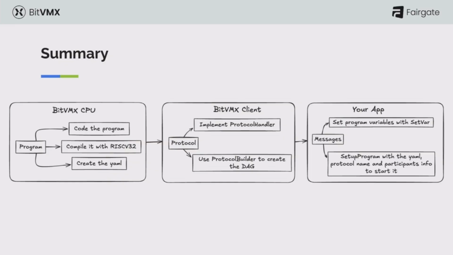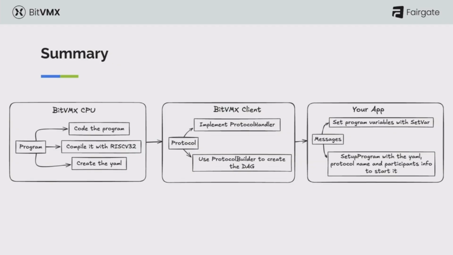You compile it with RISC-V 32. You can use the Docker helpers that we have in our repository, and you create a YAML file that has all of the information for the program and the inputs and memory layout.